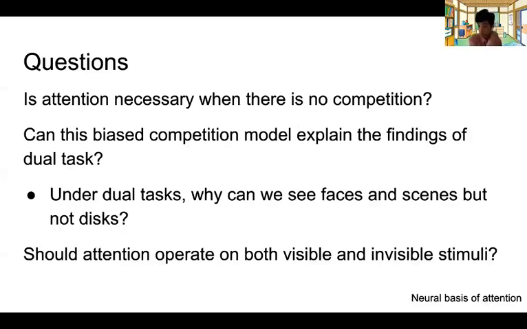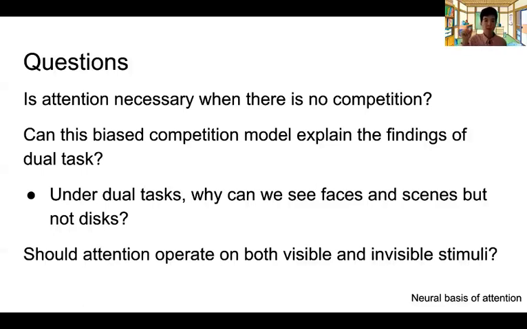I briefly mentioned, and if you see the demo and try it by yourself, it has been shown that natural scene tasks, animal presence or absence, vehicle presence or absence, or face gender, are possible to do under the dual task. However, the disk orientation discrimination, red-green versus green-red, is not possible under the dual task situation.